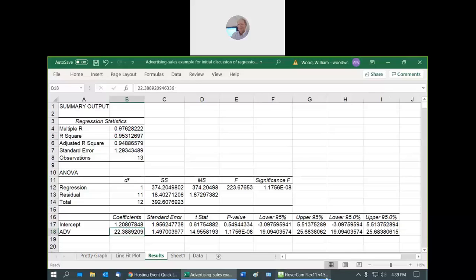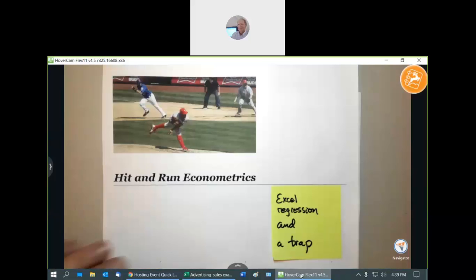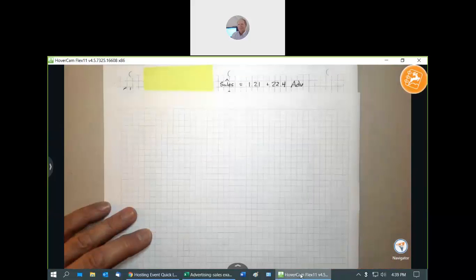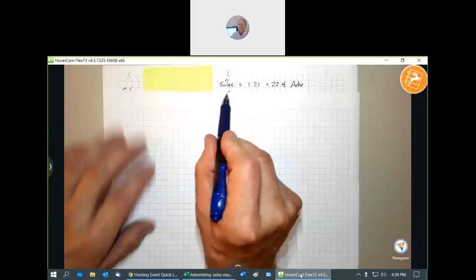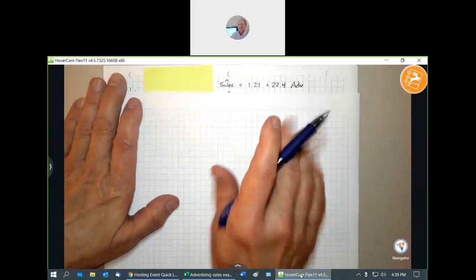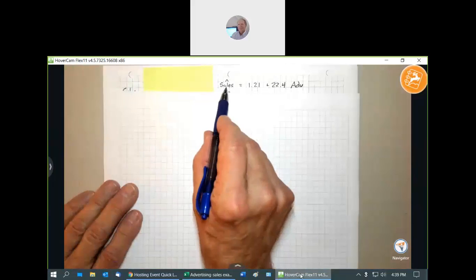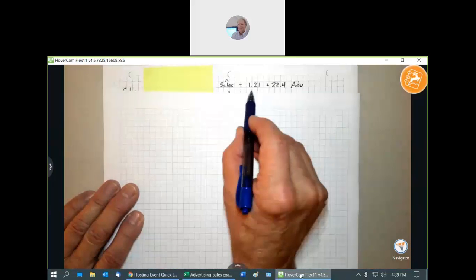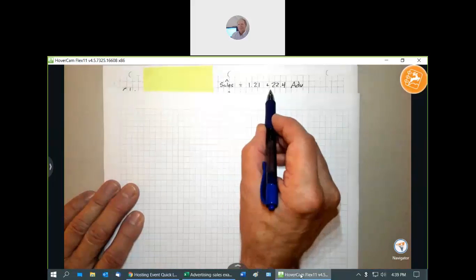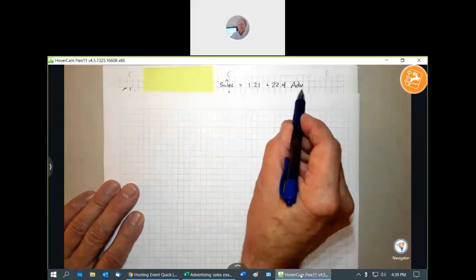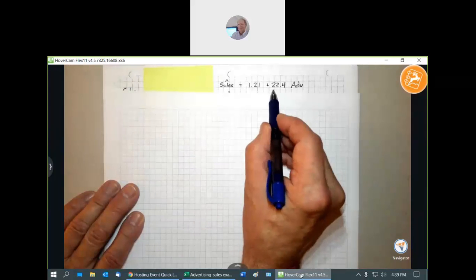So let's go over and have a look at what our student home from break was able to write out. He was able to write out, hey, look, everybody, sales hat, the estimated sales, are equal to $1.21 million plus 22.4 times advertising. Look at that.